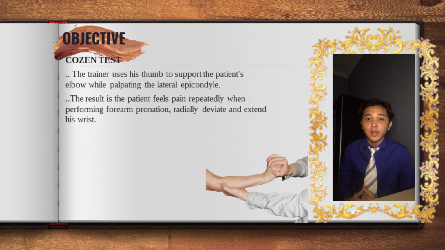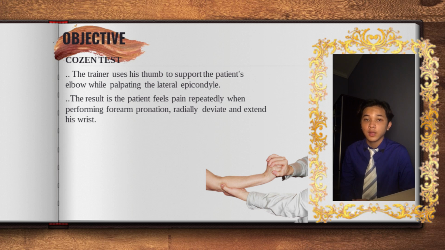The patient is next requested to actively make a fist, pronate his forearm, and radially deviate and extend his wrist against the trainer's counterforce. Repetition of pain near the lateral epicondyle is a positive test. The result is the patient feels pain repeatedly when performing forearm pronation, radial deviation, and wrist extension.